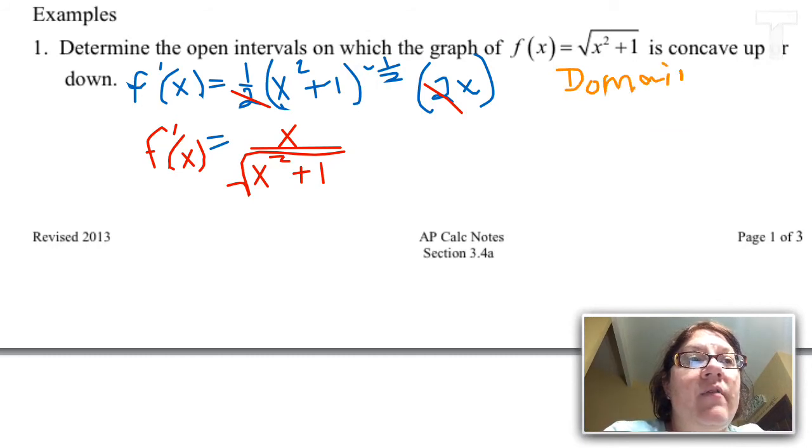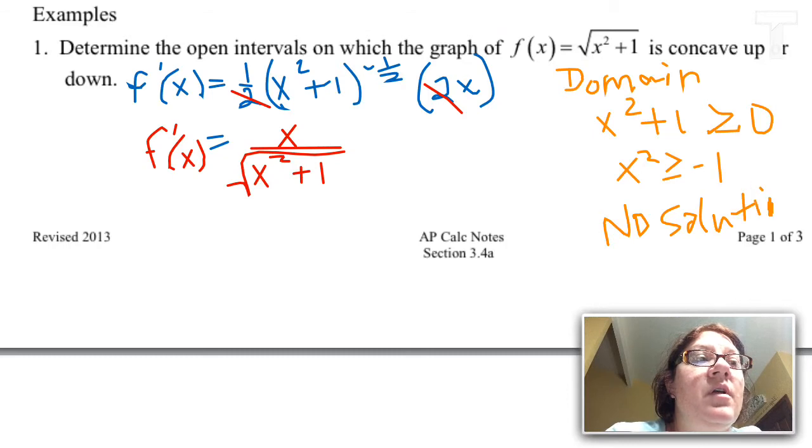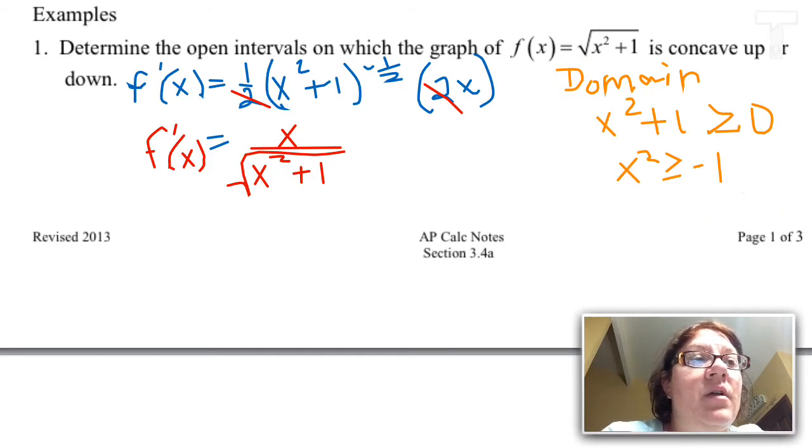I noticed that it may have problems, like I can't have a negative in the square root, so I know that inside the square root must be positive. Could actually equal 0 since I know the square root of 0 is 0. And so I get x squared greater than or equal to -1, which means I get all real numbers, because any number that I square is going to be greater than -1.